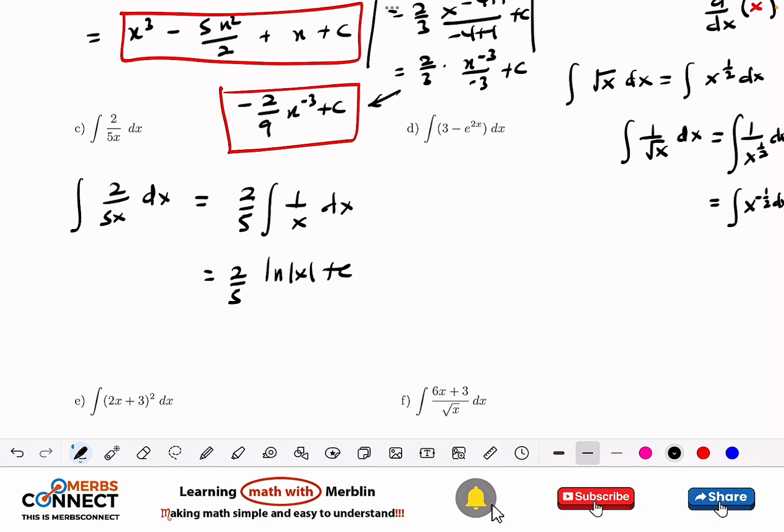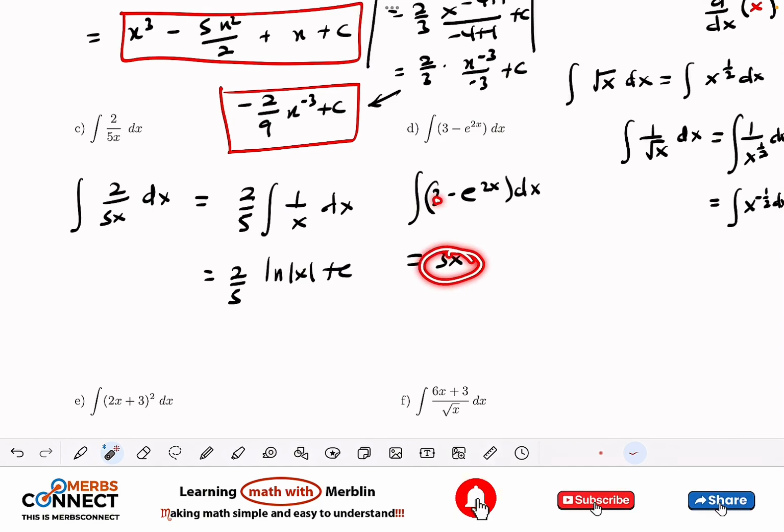Let's look at D. I have the integration of 3 minus 2x dx. Now we said when I'm integrating a constant, I just multiply by what I'm integrating with respect to. So this is with respect to x, so I multiply 3 by x. I'm going to have 3x, so that when I differentiate 3x, I get 3.